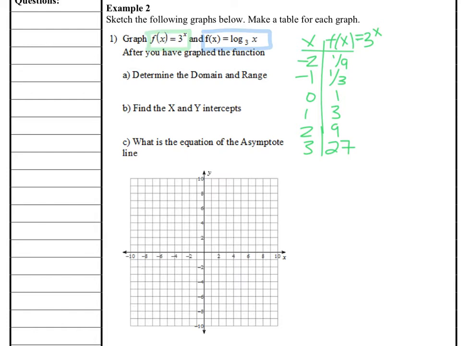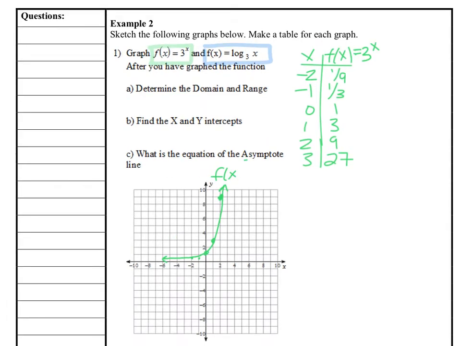Over 2 up 9 is the first thing that can fit. Over 1 up 3, 0, 1, negative 1, 1/3, and then negative 2, 1/9. And I'm going to label this with f of x equals 3 to the x.